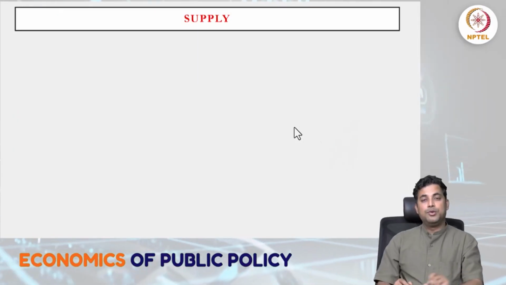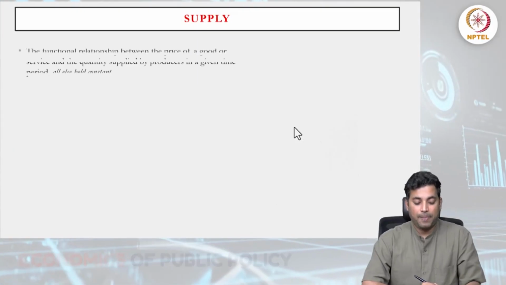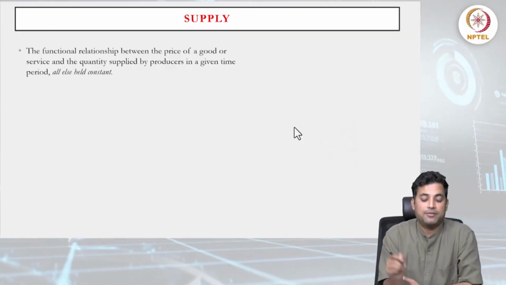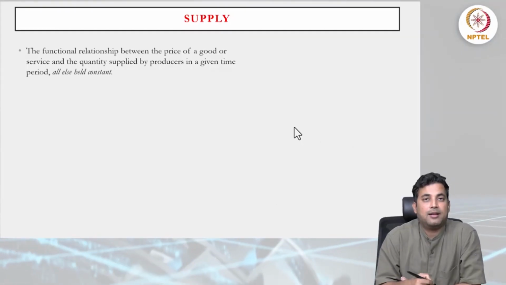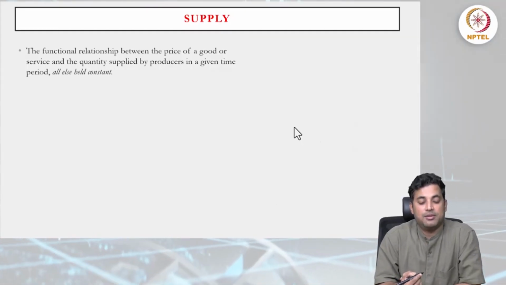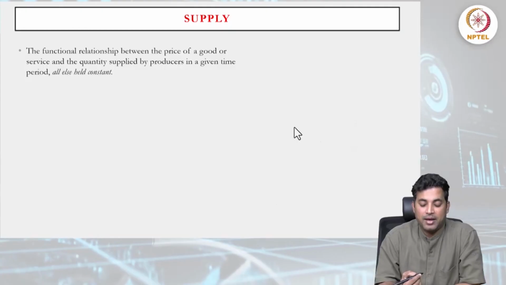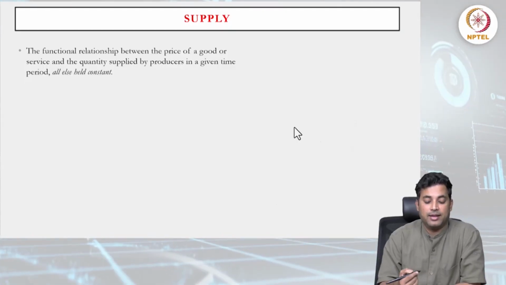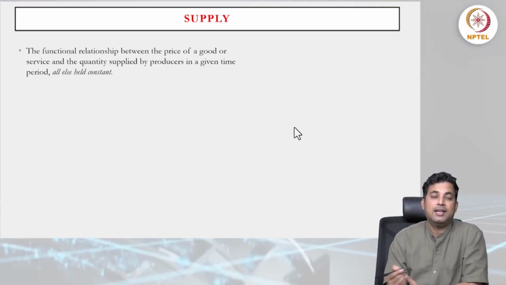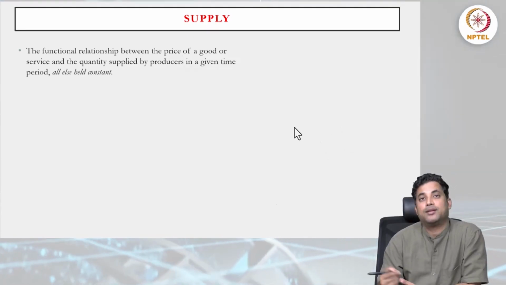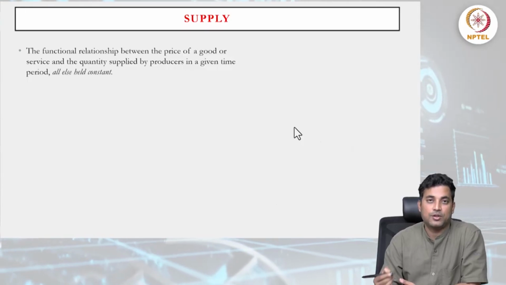So now let's move to the supply curve. Here we are talking about the market supply curve, which again shows the relationship between the price of goods and services and the quantity supplied by the producers at any given point of time, keeping all other things constant.